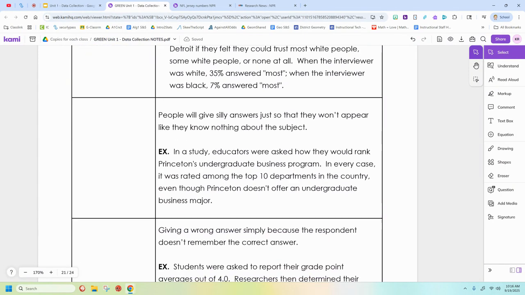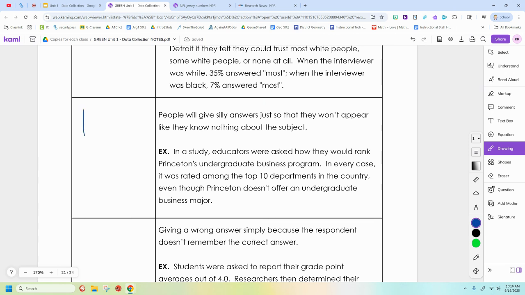All right, so now this is another one, and this is the idea of ignorance. It's possible that people might say something just to say something, so they don't appear that they don't know something about the subject.